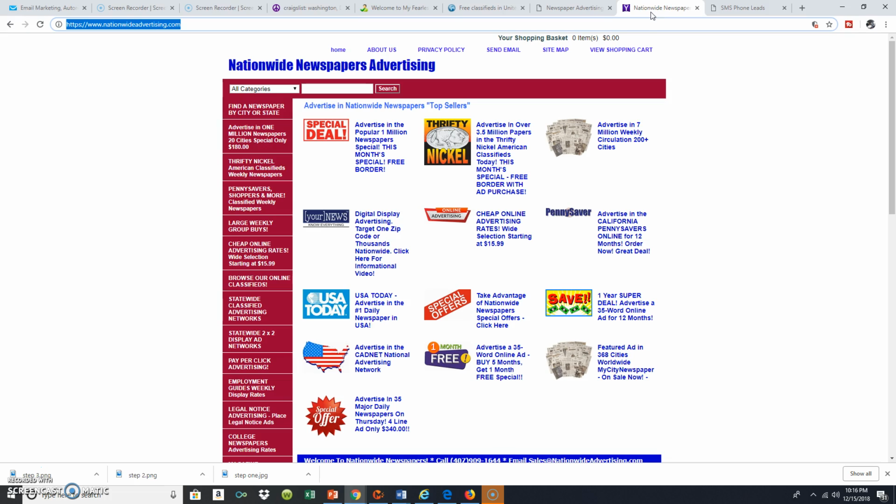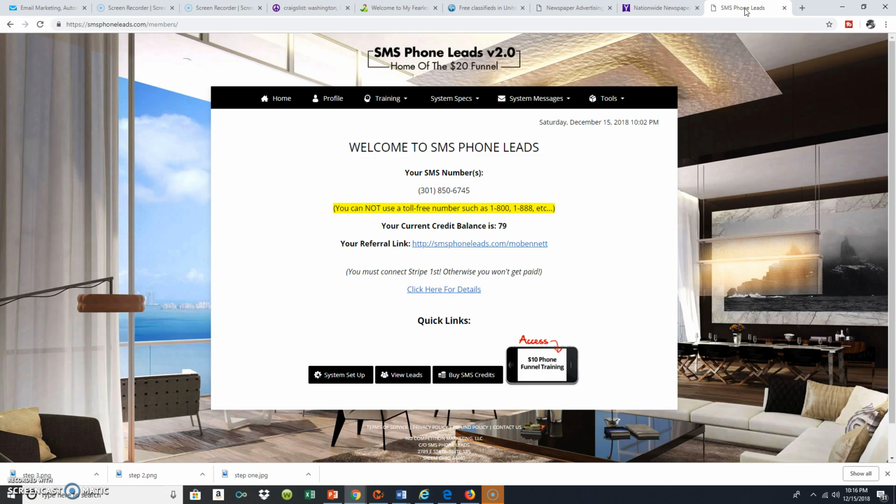Not very complicated, because once you have the SMS phone leads number, and here it is, you're going to be assigned a number just like this. I asked you guys in the last video to dial the actual number so you can see exactly how this particular feature, which is just one of several features you're going to be able to fire up inside the system, actually works.